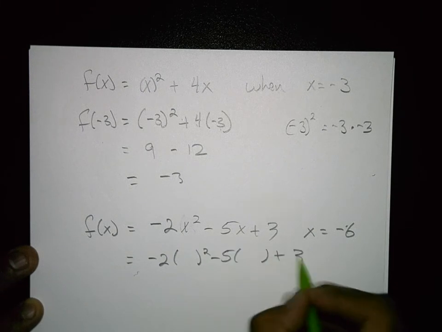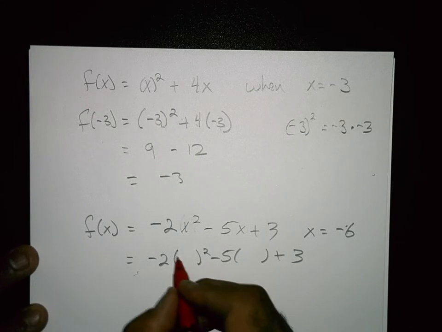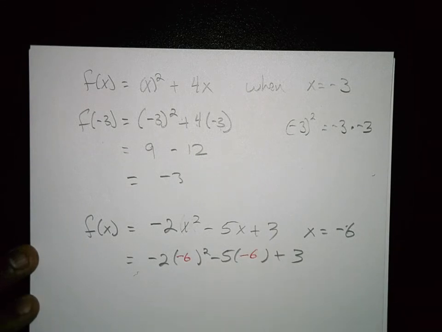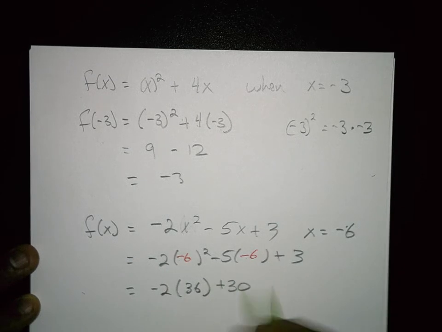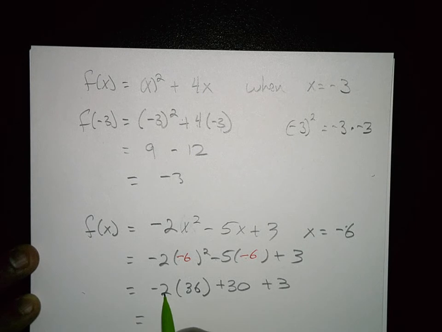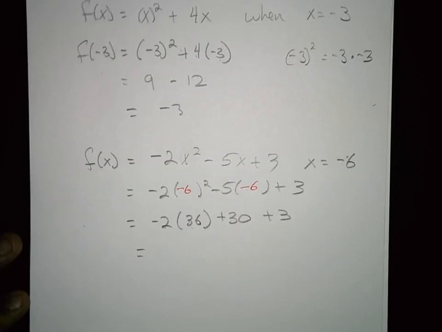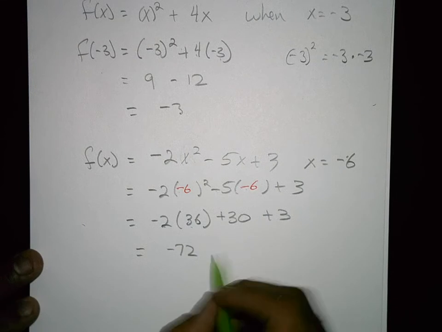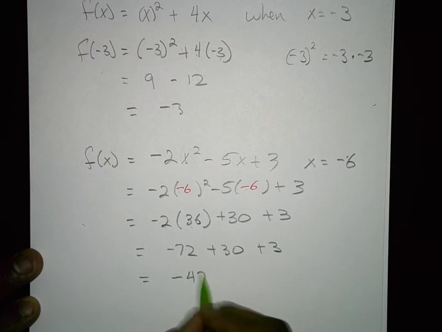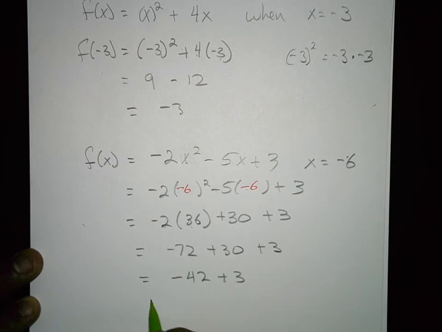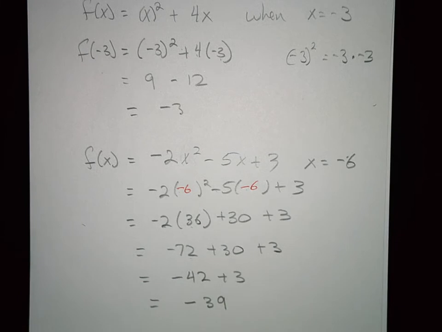I'm going to sub something in right there, so it's going to be a negative 6 and a negative 6. I get negative 2 times 36, because this is negative 6 times negative 6, and a negative 5 and a negative 6. This is a negative 2 times a positive 36. It's negative 72 plus 30 plus 3, which is negative 42 plus 3, so that gives me negative 39. Simply substitution and order of operations.